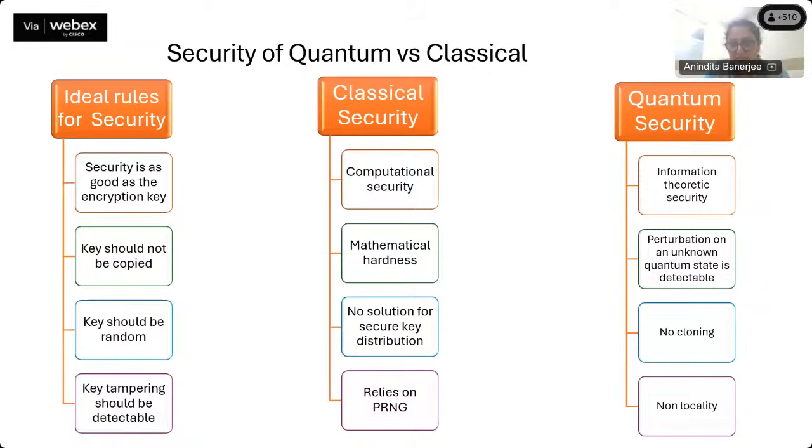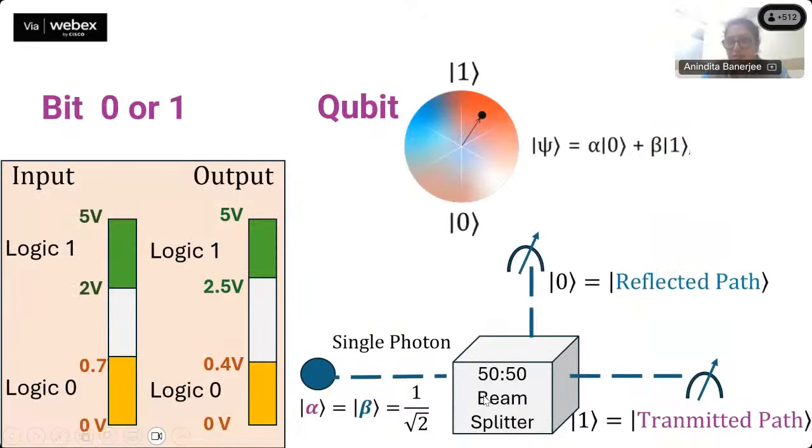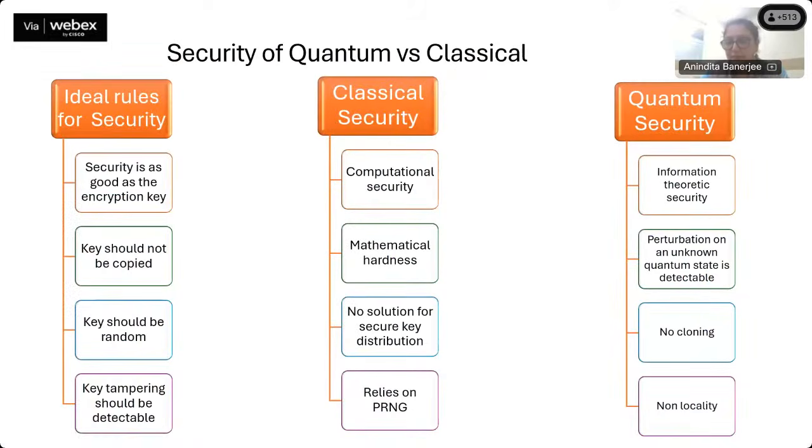So that is again a challenge. There is no practical classical solution for key distribution. And then, of course, we rely on an algorithm or a pseudo random number generator. These random numbers are generated using some mathematical algorithm, which has a seed. Depending upon the seed, it repeats itself. So if the seed gets repeated, then it is no longer a useful key.